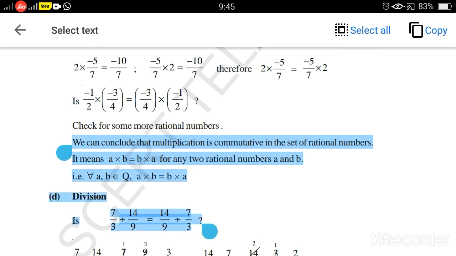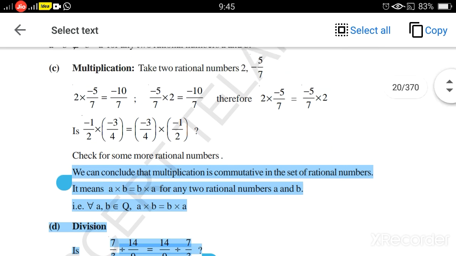We conclude that multiplication is commutative in the set of rational numbers. It means a into b is equal to b into a for any two rational numbers a and b. That is, for all a, b belonging to Q, a into b is equal to b into a.